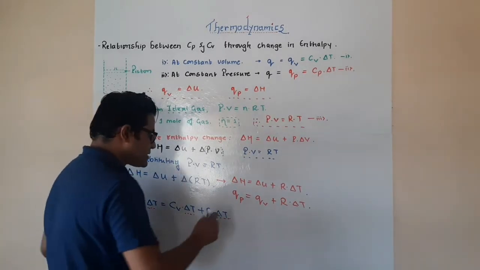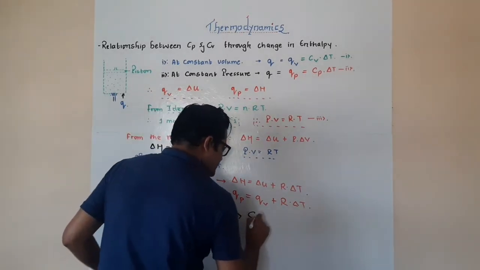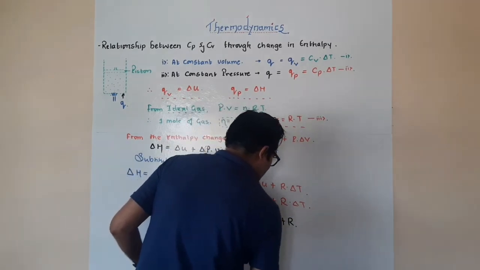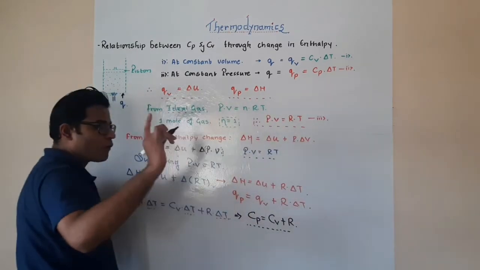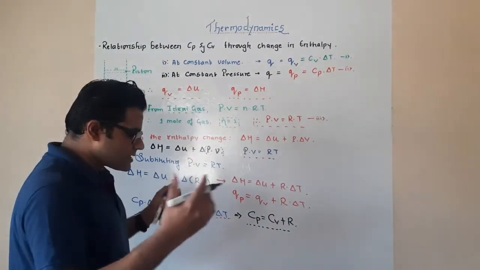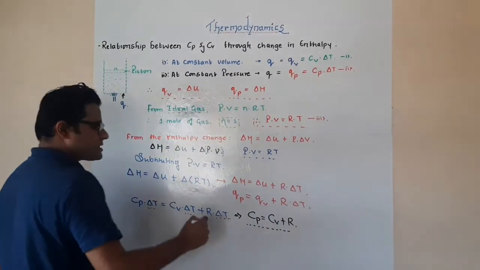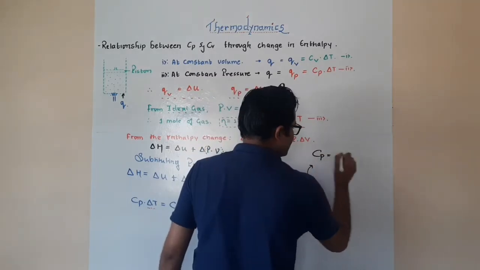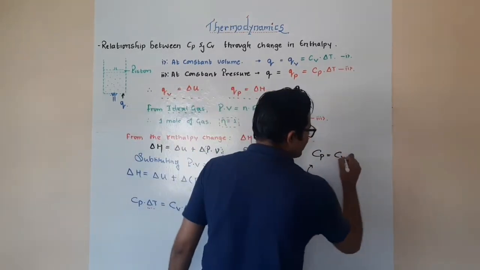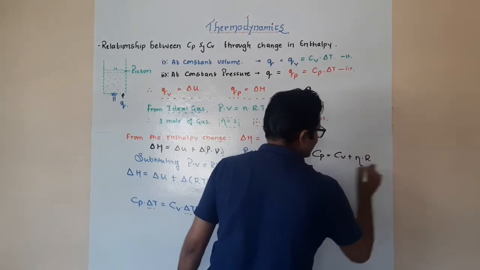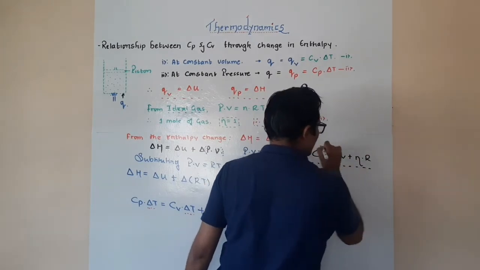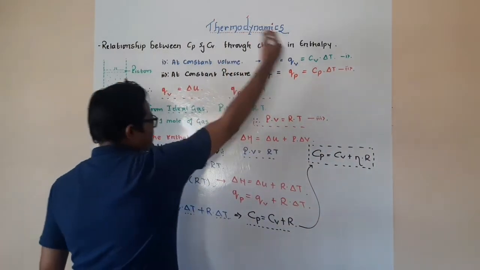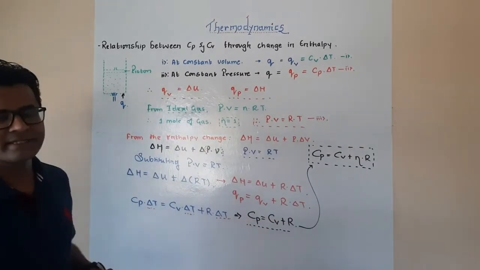What remains with us is Cp is equal to Cv plus R. This is for 1 mole of gas. Now if we consider n number of moles of gas, then this expression we can give as Cp is equal to Cv plus n into R. So this is for n number of moles of gases. This is the relationship between Cp and Cv.